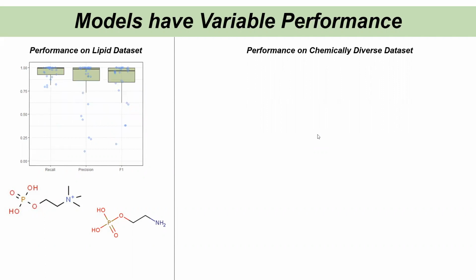Although it didn't make every class quite high, it did increase performance for all classes. And since, even using just formula information, we had very high performance for a lot of lipids, this encouraged us to go ahead and see what the performance was on the chemically diverse data set.